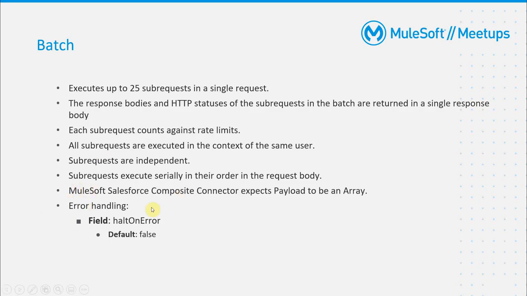The MuleSoft Salesforce Composite Connector expects the payload to be an array. And one more thing, when we say each sub request counts against rate limits, rate limits and API limits are both different, right? API limit is something where your Salesforce instance has a license where they say, for an API user or any particular user, say an admin user, they cannot hit my Salesforce instance more than 50,000 times a day, right?